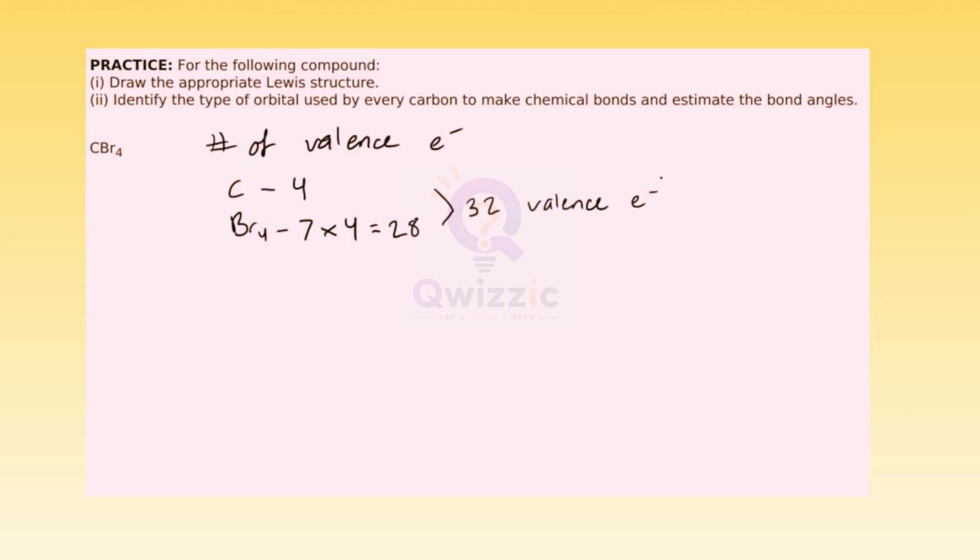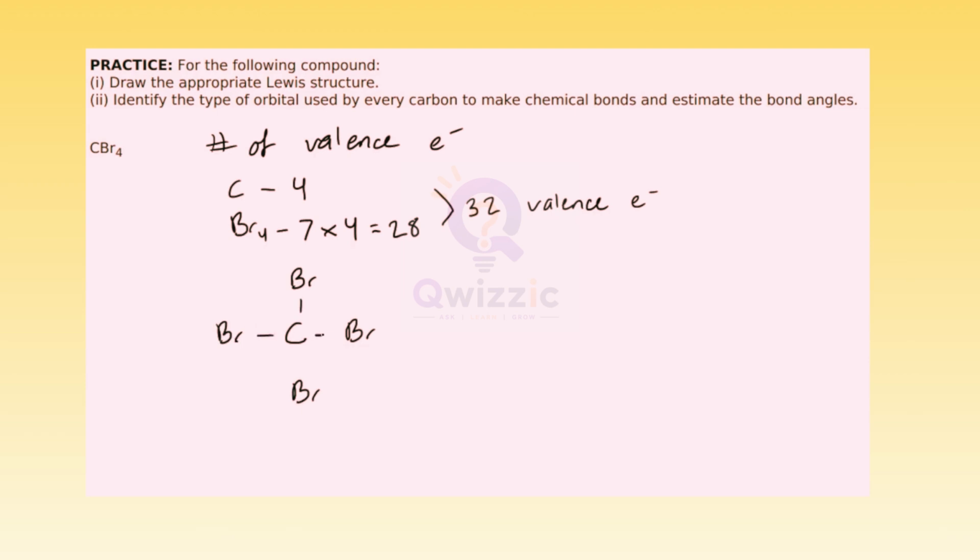Now that we've done that math, we draw the atom with the highest bond preference in the middle of our Lewis structure, and in this case, that atom is going to be carbon. Now that we've put carbon in the center, we're going to propose a sigma bond framework, which means we connect our carbon to our 4 bromines via sigma bonds.